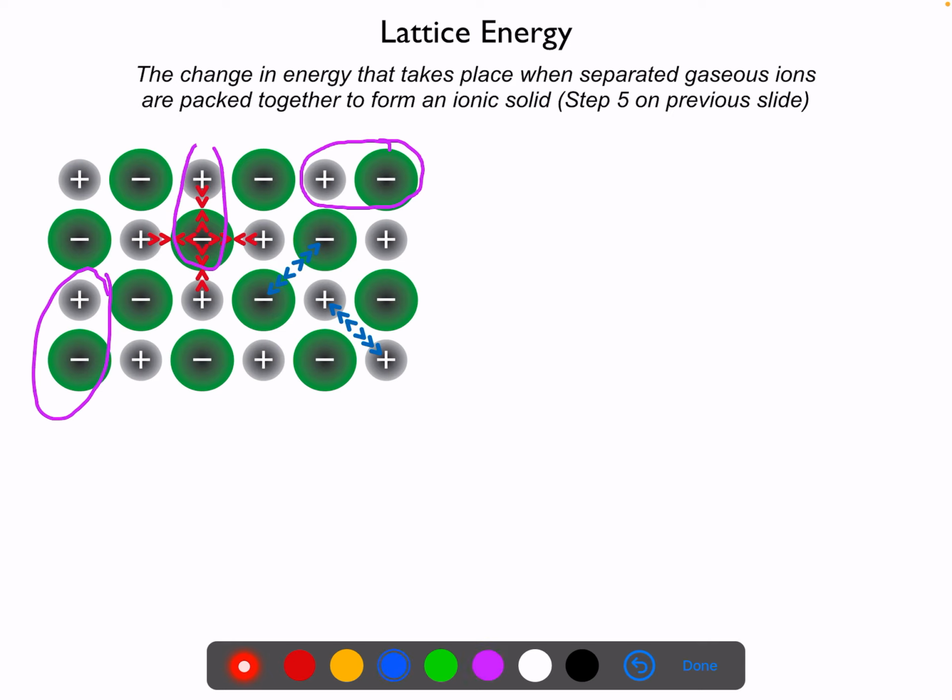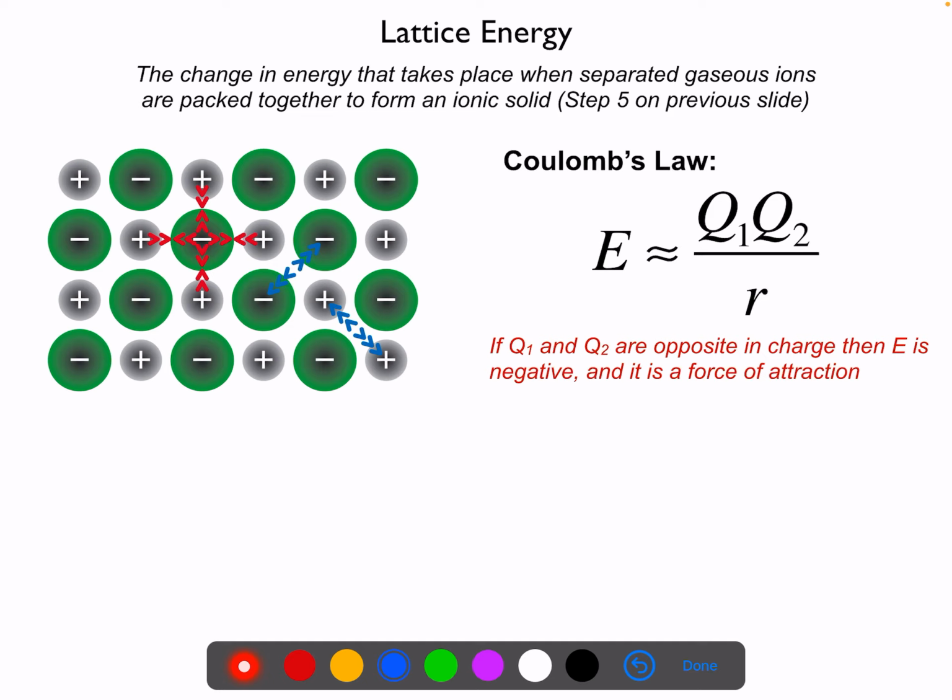But you are also going to have forces of repulsion. A positive and positive repel each other, a negative and negative repel each other. So in this crystal structure, there are forces that attract each other, and forces that repel each other. The question then becomes, which force is stronger? If you've taken physics, you might remember Coulomb's Law.